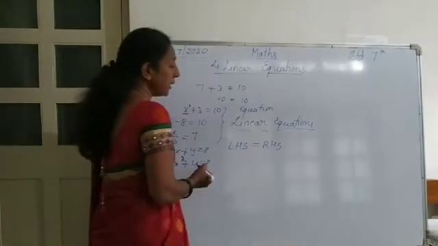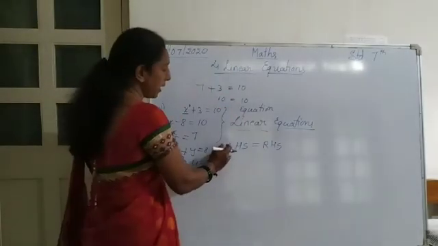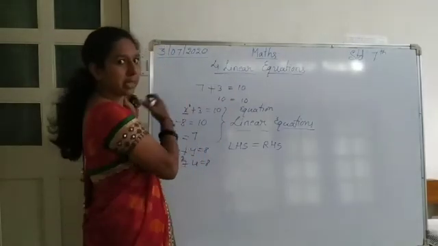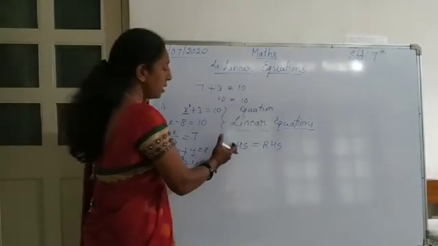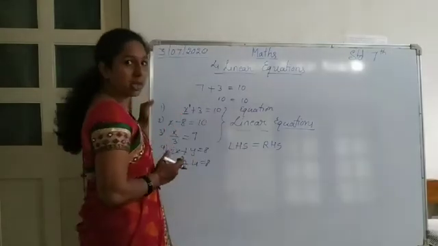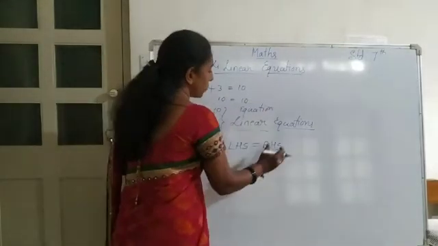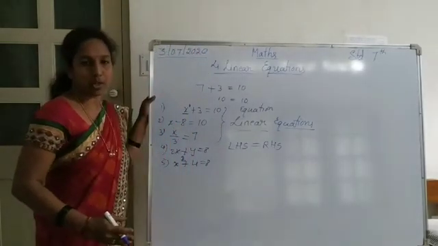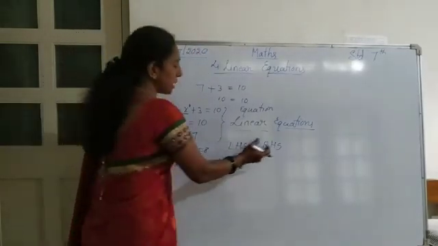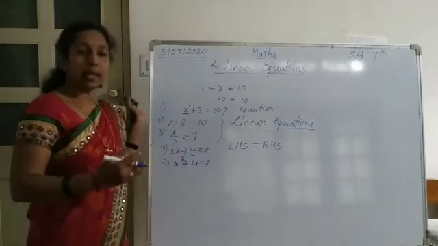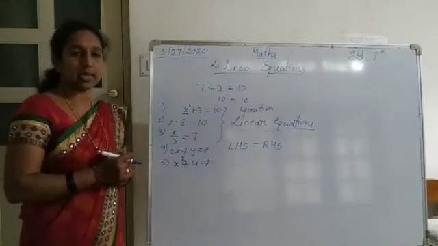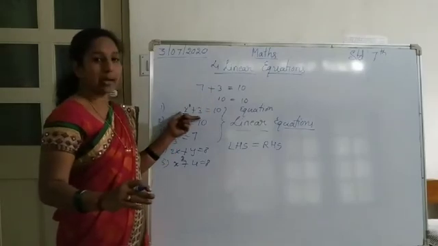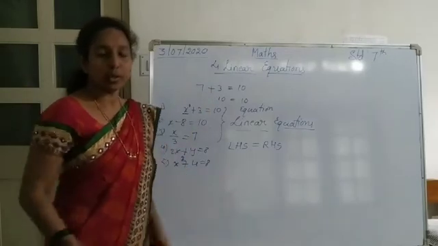The left side of the equal sign is the left hand side of the equation, and the next one is the RHS, the right hand side. These two must be equal; then the equation is correct. Here I know this is correct, but here we cannot say that. That is what we are going to learn now.